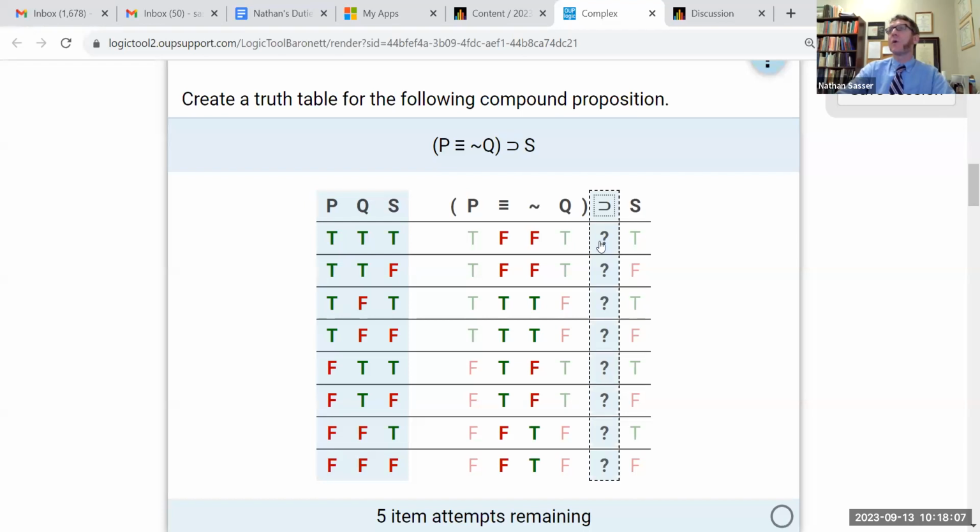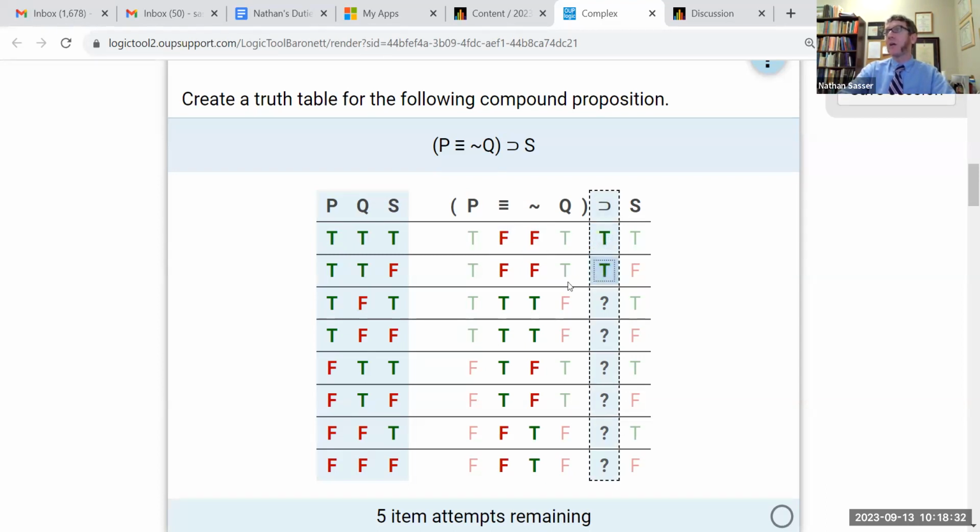That makes the horseshoe true, because anytime the antecedent of a conditional statement is false, it's impossible to falsify it, no matter what the consequent ends up being. I talk about that more in my other lecture video, so I won't beat that dead horse now, but pay attention. That's a confusing one, but if the antecedent's false, the horseshoe's true.